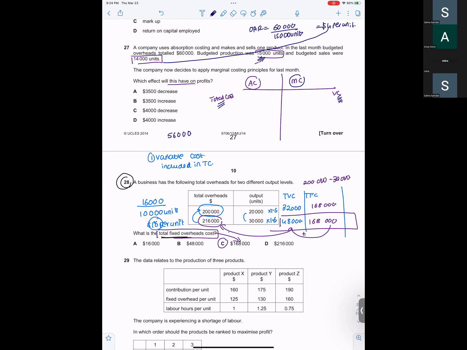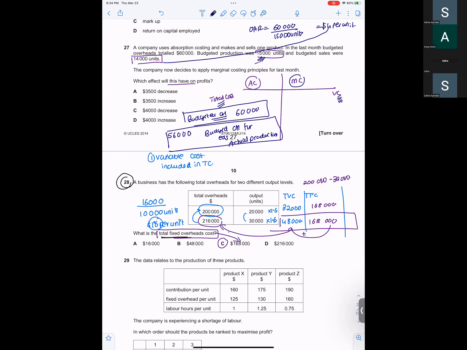So 56,000 is the overheads for actual production, and 60,000 is budgeted overheads.